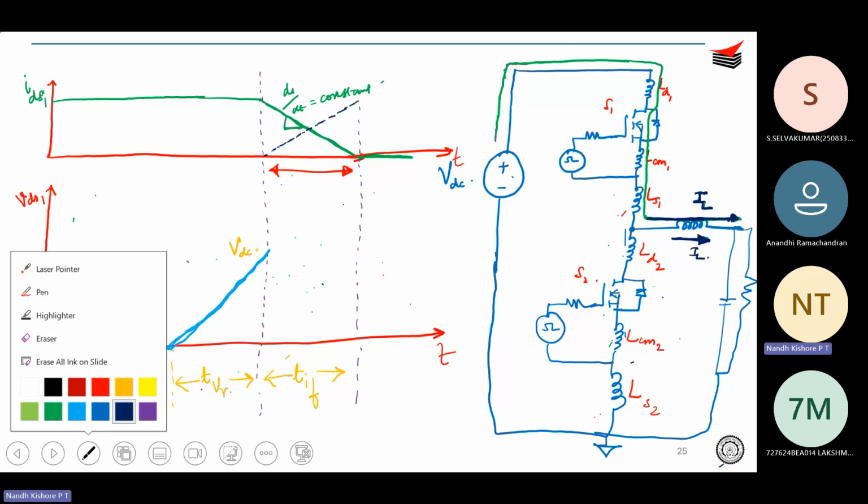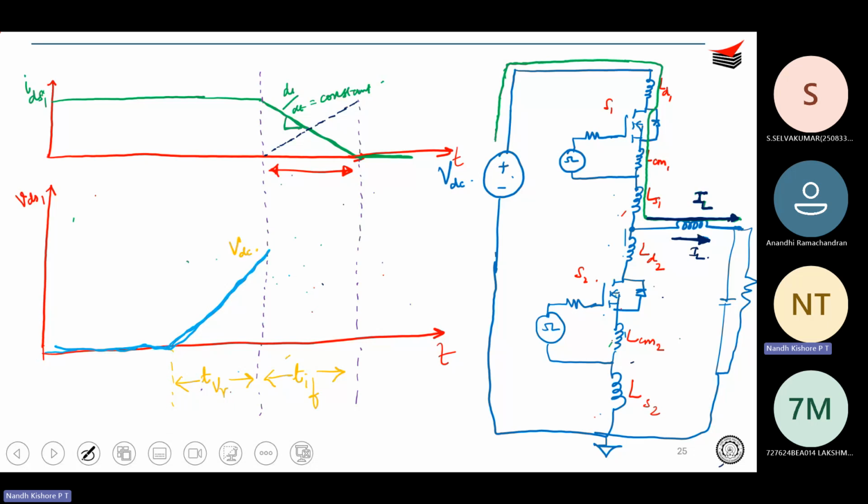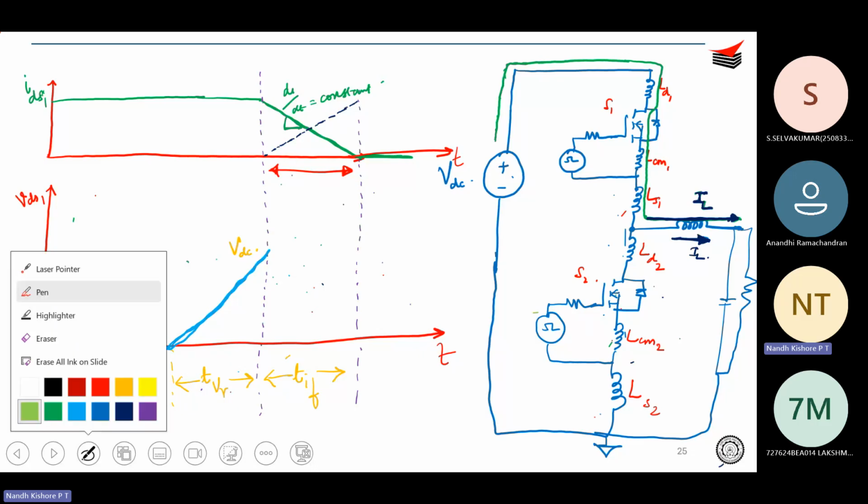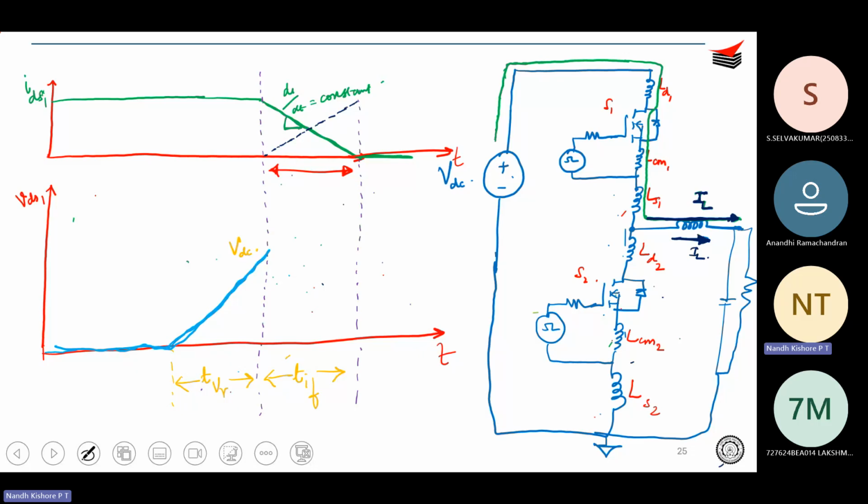Okay, sir. Not okay means like, are you understanding? Like, as total current is constant, if one device current decreases, the other current has to increase. Okay. So that is why you will see that during this period itself, the bottom device will slowly start to conduct the current. Some current will flow like this, right?